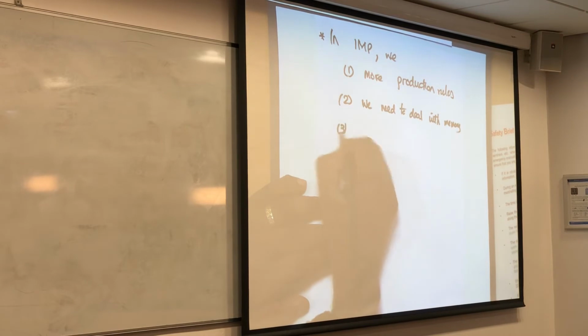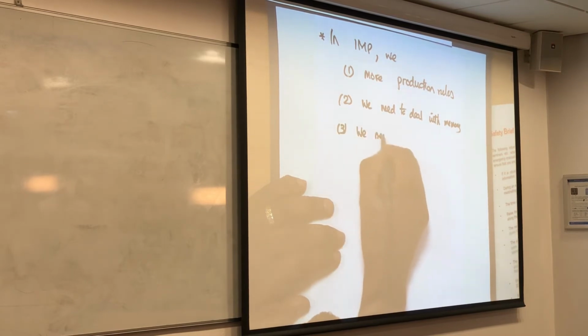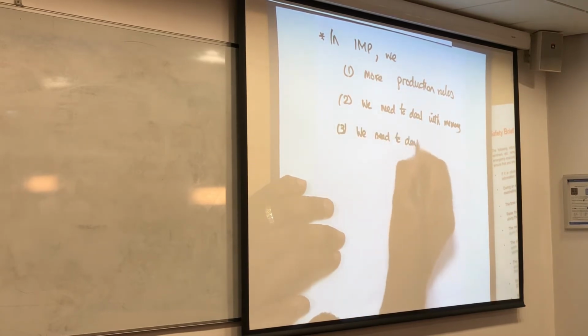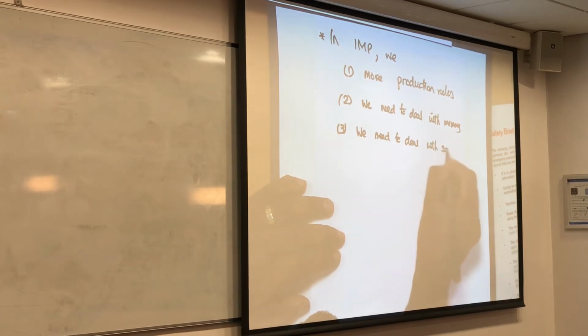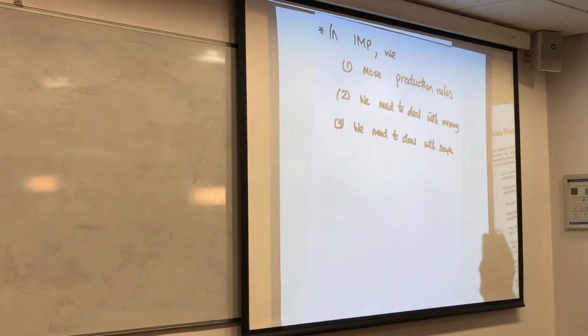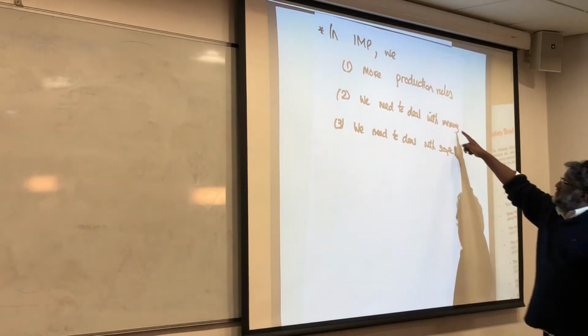And 3, I'll come to this later, we need to deal with scope. Okay, so those are the 3 sort of extensions to what we've just done that we need to tackle in order to deal with the language IMP. So I'm going to talk about 2 next.